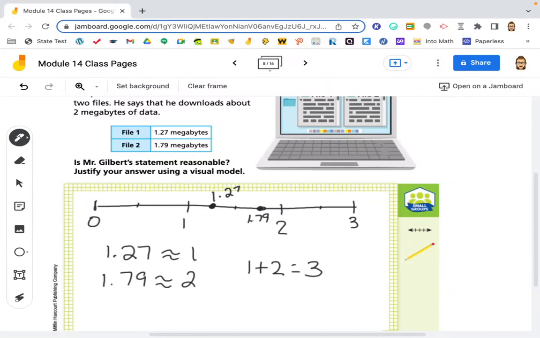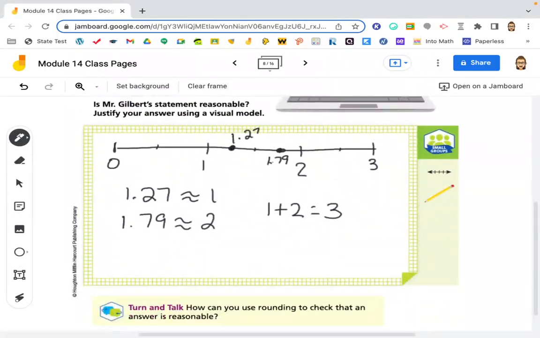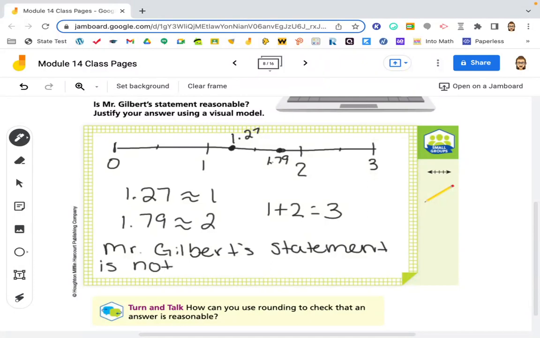So it would not be reasonable. Mr. Gilbert's statement is not reasonable.